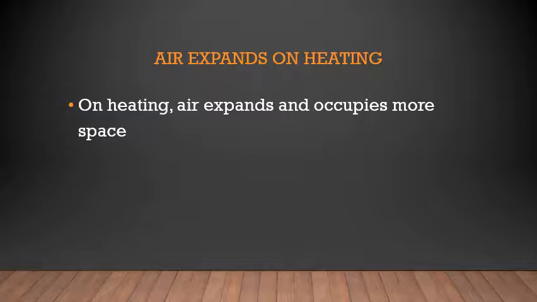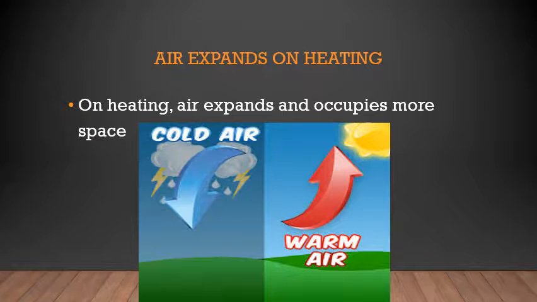The last property is air expands on heating. On heating, air expands and occupies more space. The more it expands, the more it becomes thin. Hence, the pressure of the warm wind is lower than that of a cold wind.